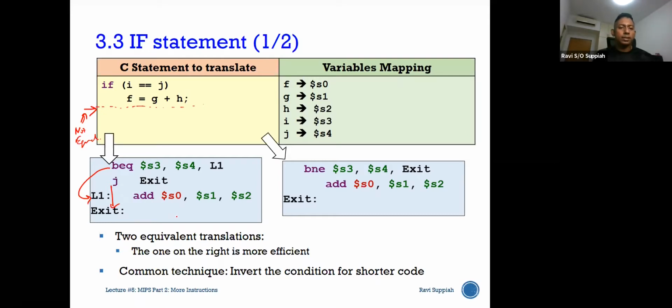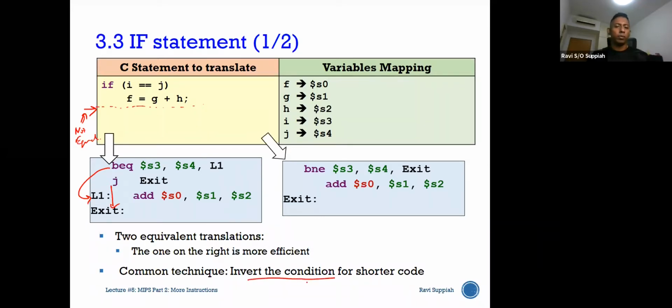Okay, so you can see that both of these codes are actually doing the same thing, but the one on the right is actually more efficient because it's only 2 lines of code, whereas the one on the left is 3 lines of code. So in terms of efficiency, the one on the right is better. One of the common techniques you can use is inverting the condition.